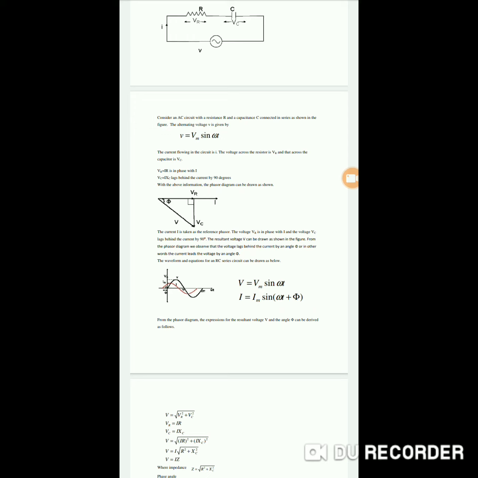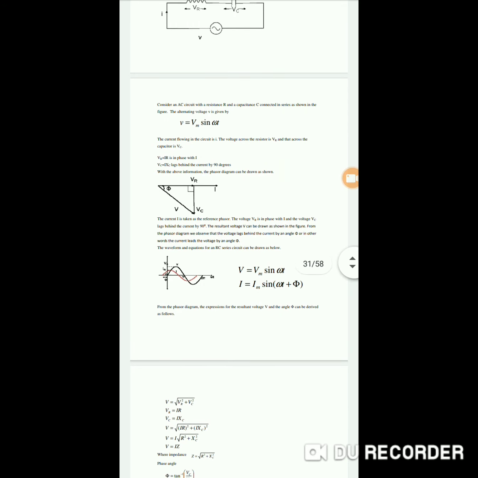VR is equal to IR, which is in phase with the current, and VC, the voltage, lags behind the current by 90 degrees. So for inductance the voltage leads by 90 degrees, and for capacitance the voltage lags behind the current by 90 degrees.